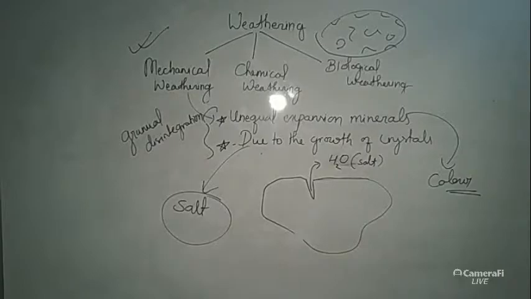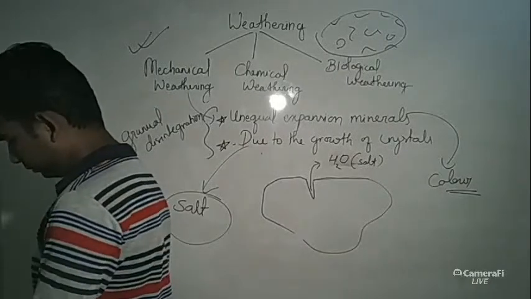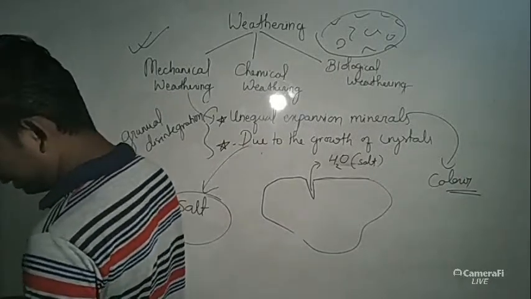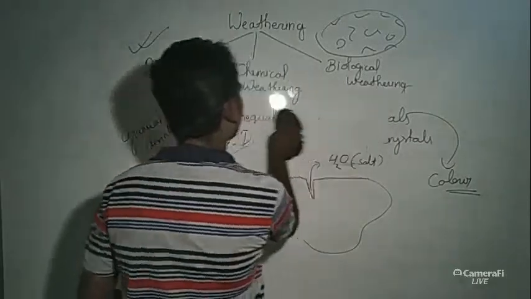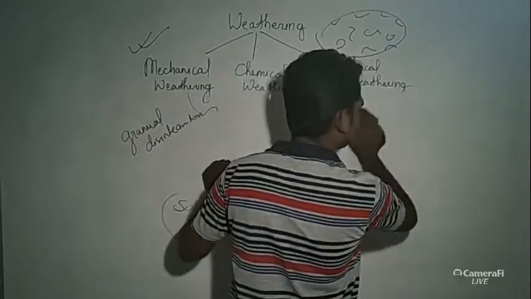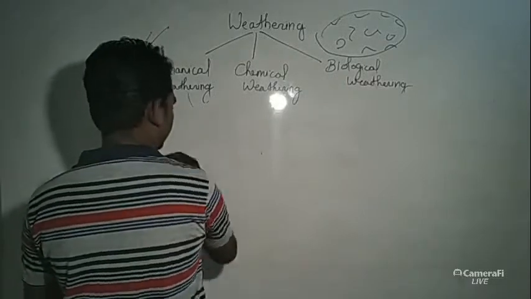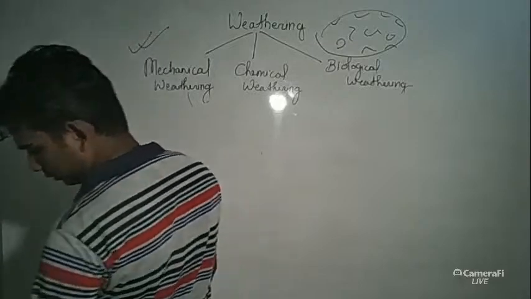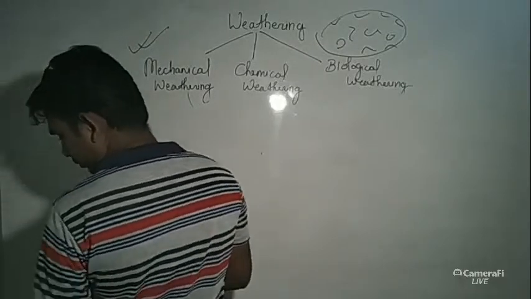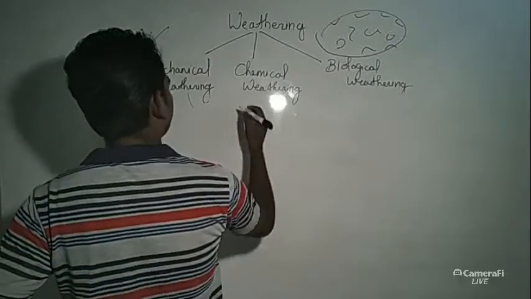Okay. Now let me explain to you about chemical weathering. After that we are done. Chemical weathering and biological weathering. See, in chemical weathering, there are oxidation, carbonation, hydration and solution.